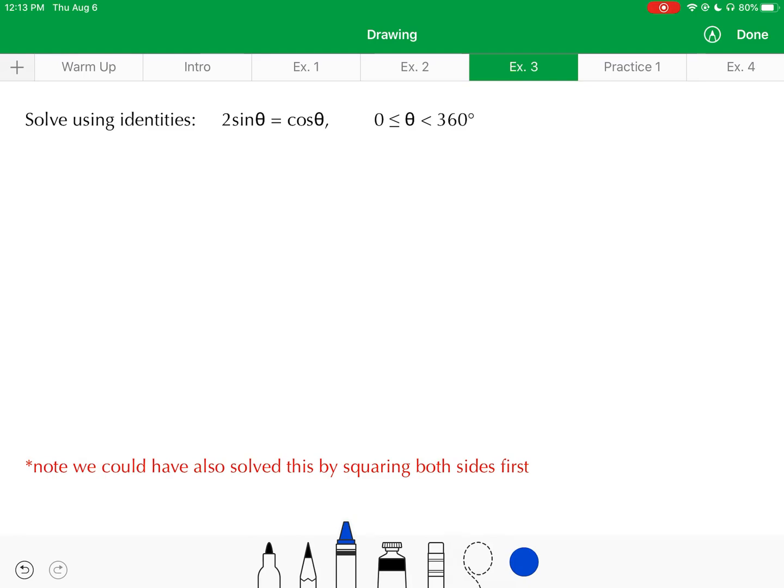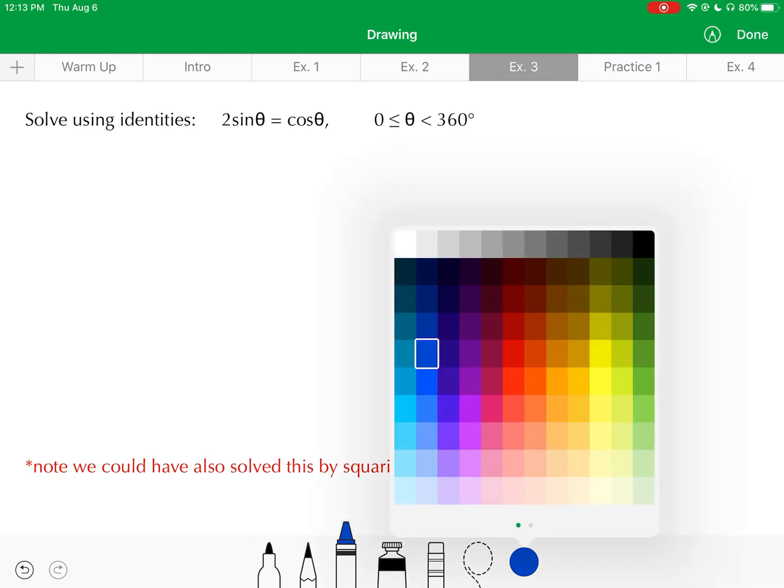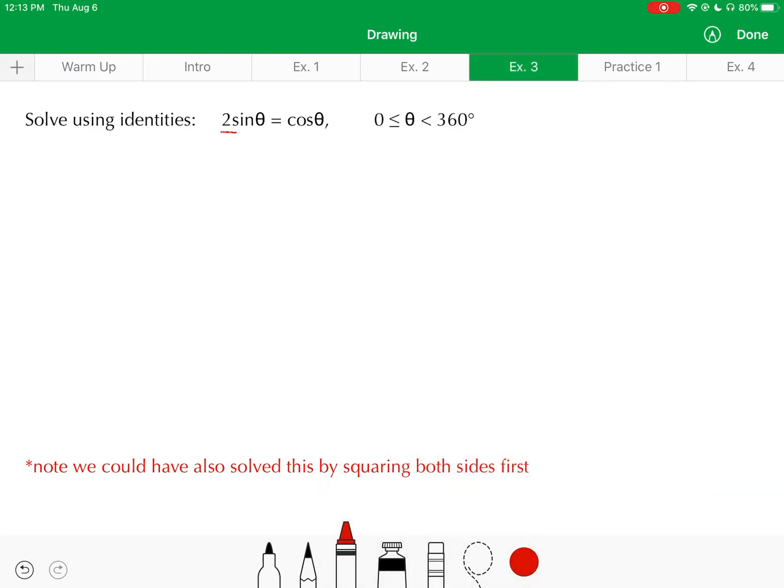Anytime I can use identities to rewrite the equation in terms of a single trig function, that's the approach that I want to take, okay? So there's multiple ways you can do that for this particular equation. One way would be to divide both sides right away by the cosine of theta. All right, so these will wipe out.